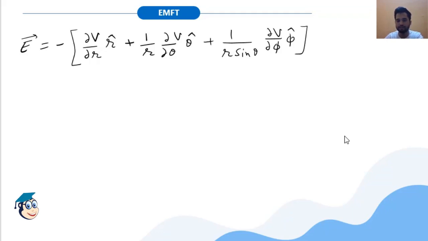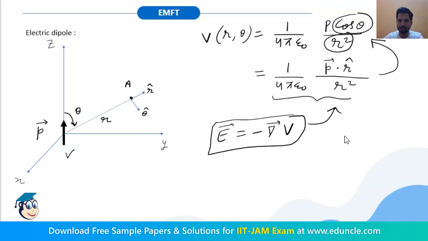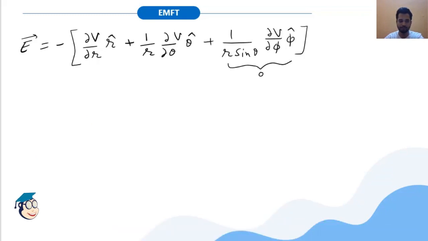But you can see from the previous slide that V is a function of r and theta only. V is not a function of phi, so the third term will go to 0 after differentiation. So we will have only two terms in the expression of electric field, one along r cap and the other along theta cap.